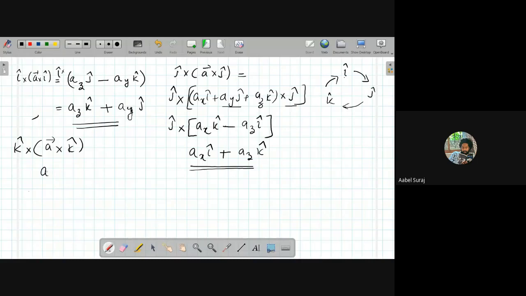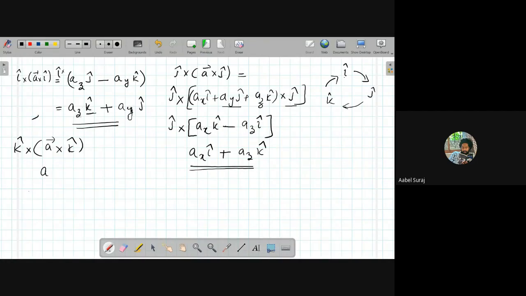So simply, if you can understand the format, it will be very easy for you. See, I am putting i here, right? i cross a cross i. There won't be an i component here. So only this thing. And please remember that if you have this k component here, it will be az, because k is the unit vector along the z direction.